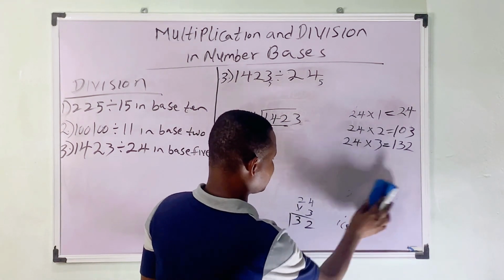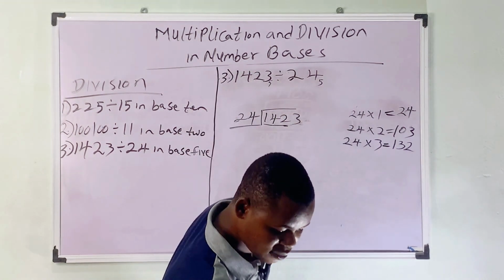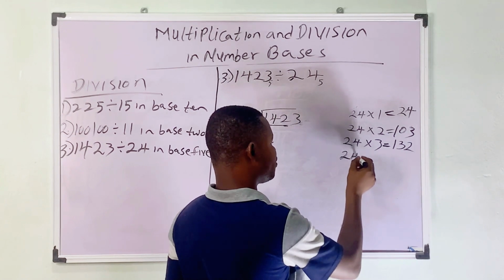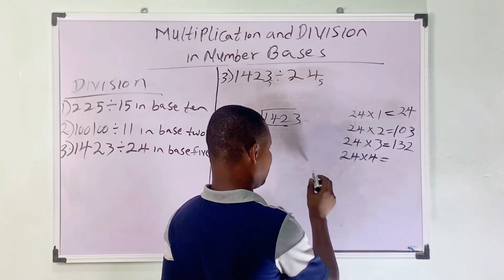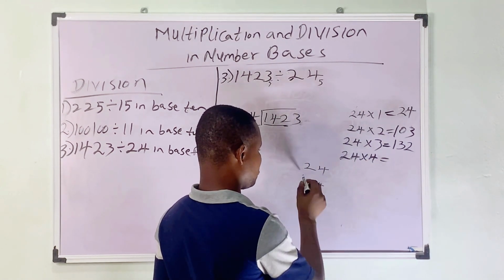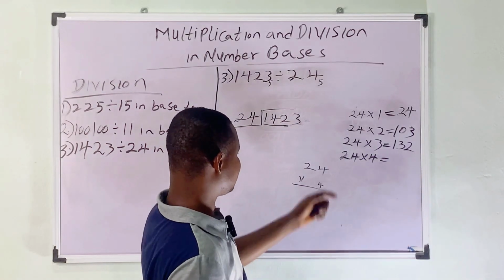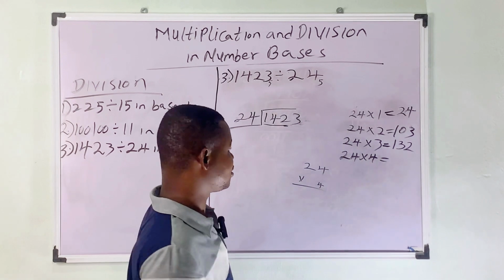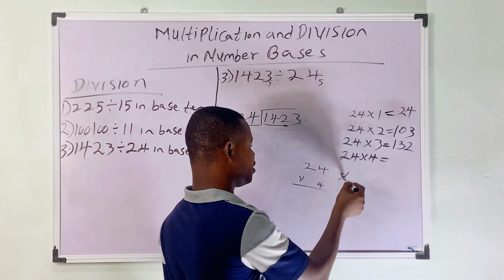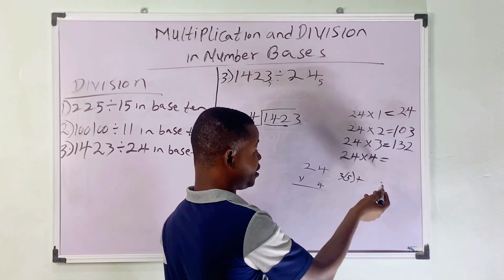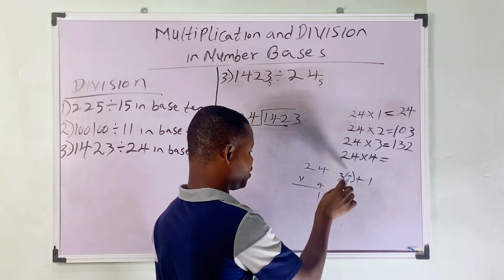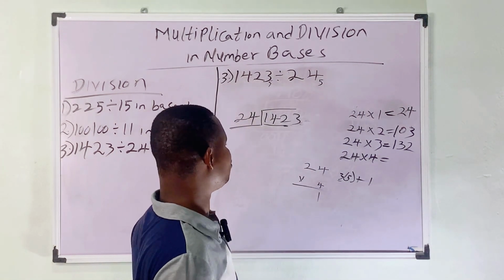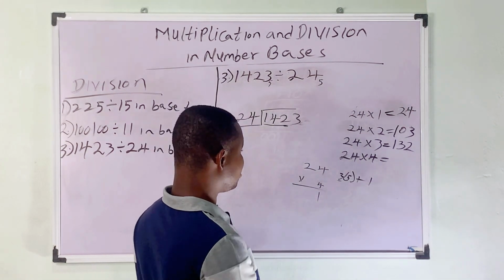Let's see 24 times 4. 4 times 4, 16. How many 5 are we going to see in 16? That's 3. That shows we have 3 sets of 5, remainder 1. We write the 1, we have 3 outside. 4 times 2, that is 8.